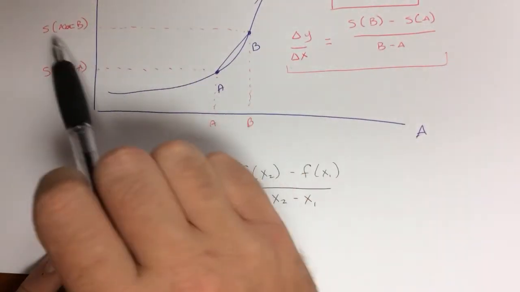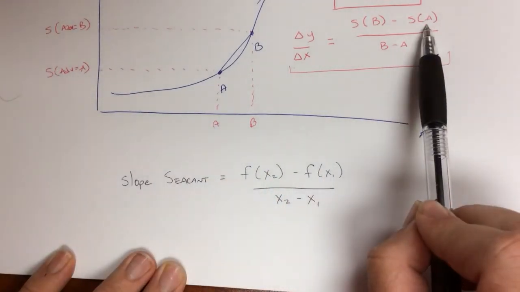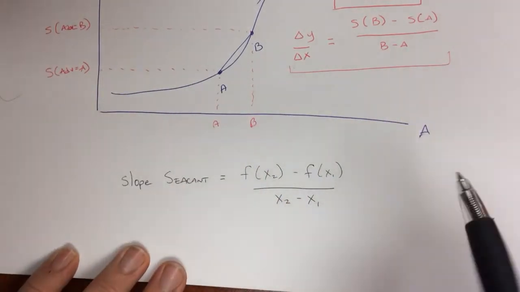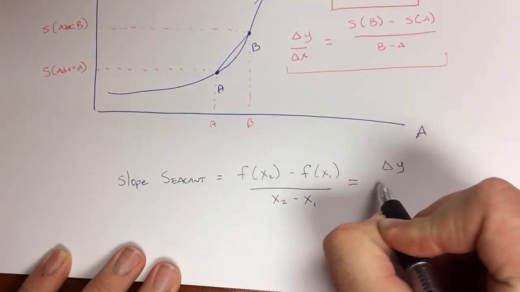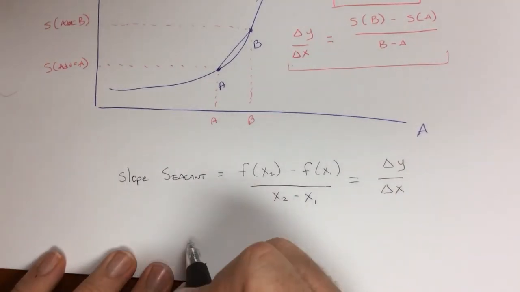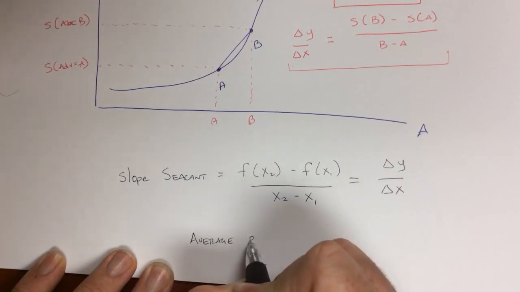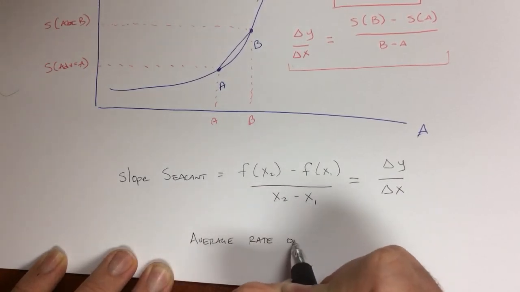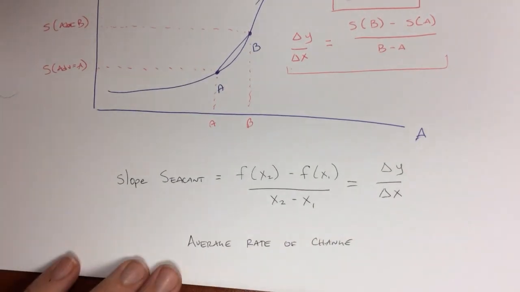F of x2 is just the sales of point B, and f of x1 is just the sales at point A. And what this is saying is simply just it's the change in y over the change in x. And what the secant tells us is the average rate of change between any 2 points.